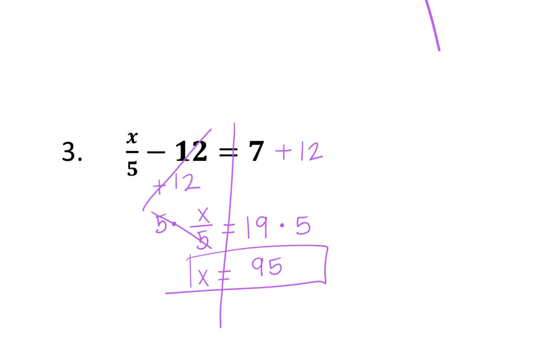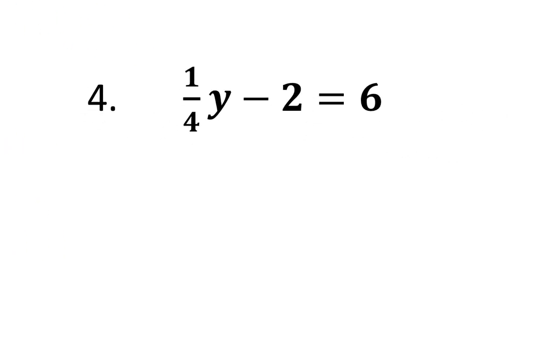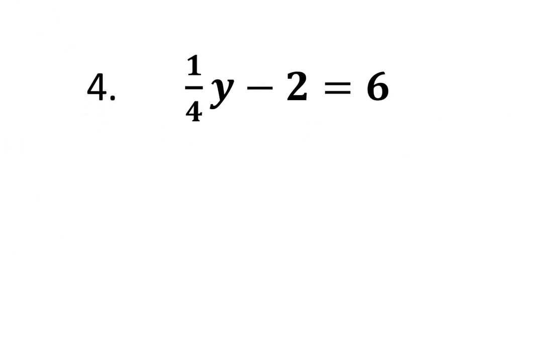Okay, so let's do the last example, example 4. Very similar to the steps that I just did. But now we're using a different variable, okay? And the numbers look a little different. 1 over 4y minus 2 equals 6. What I'm going to do first is rewrite my equation because I don't like how this looks, okay?